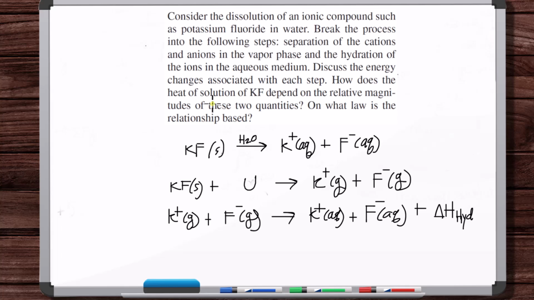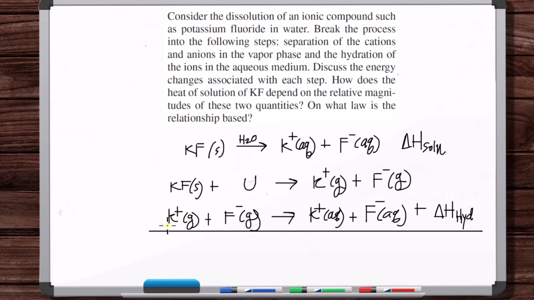Now, how does the heat of solution of KF, which is going to have some sort of delta H here, called delta H solution, depend on the relative magnitudes of these two energies? So let's add these equations up.